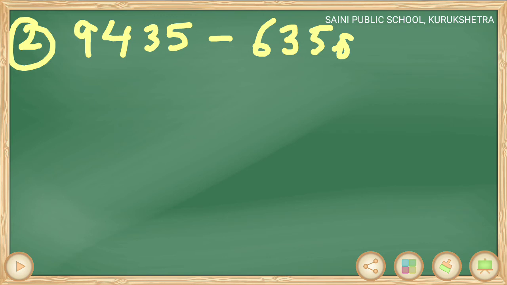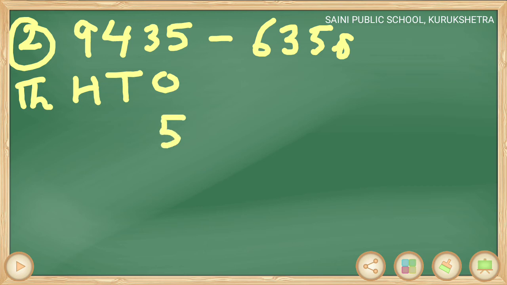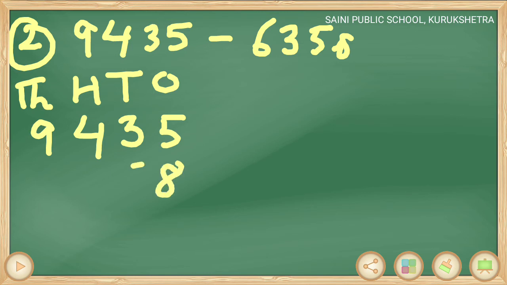First of all, put these numbers in the place value chart: ones place, tens place, hundred place, and then thousand place. Now write the bigger number place wise: 5 ones, 3 tens, 400 and 9000. Now the second number is 8 ones, 5 tens, 300 and 6000.